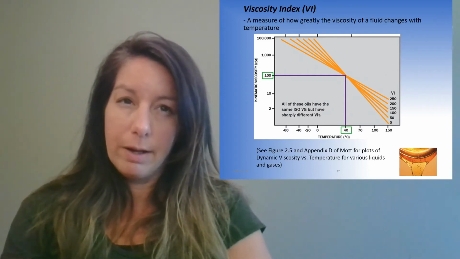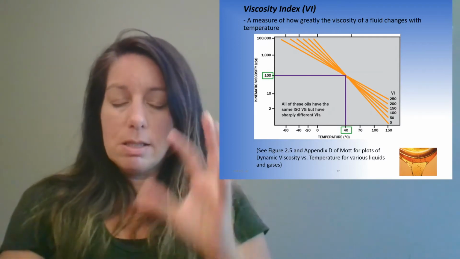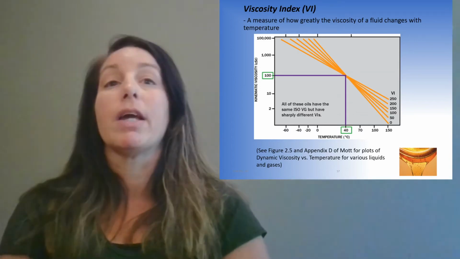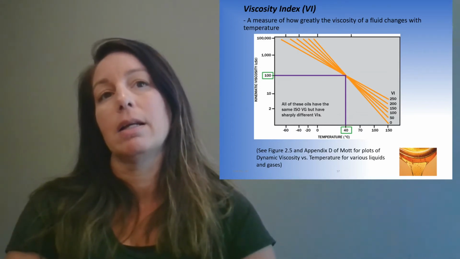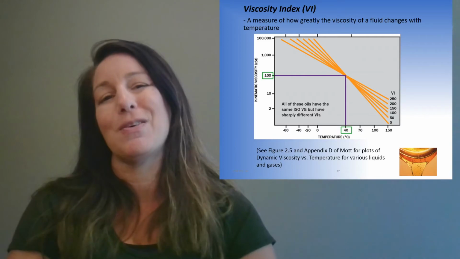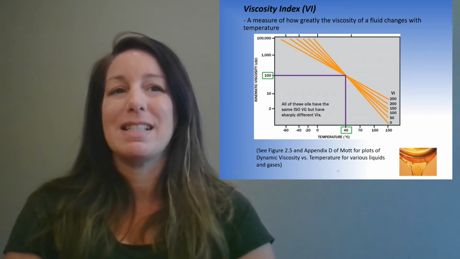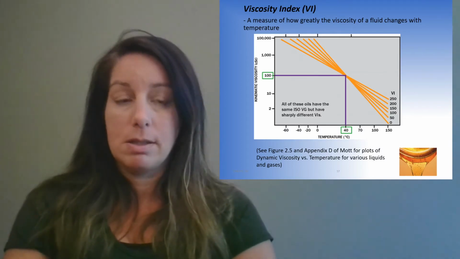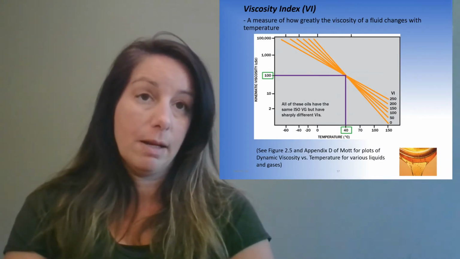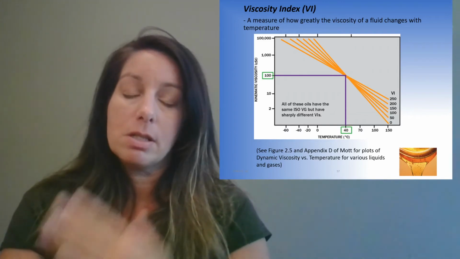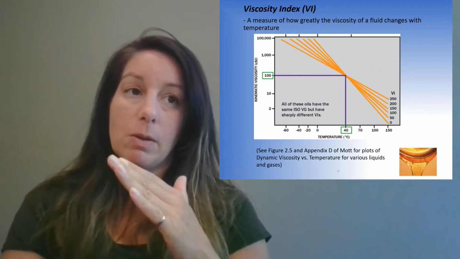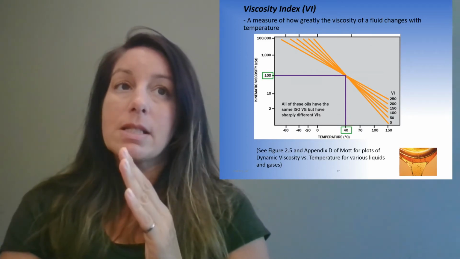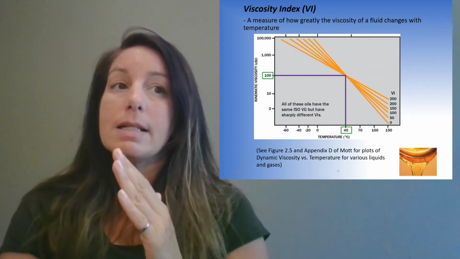Okay, what do we got here? So let's just stare at this figure a little bit. What do we have here? We've got kinematic viscosity, centistokes versus the temperature. These are all different examples of different oils, apparently. They've all got different slopes, right? The slope of that line is always a little bit different. So their viscosity index is different.